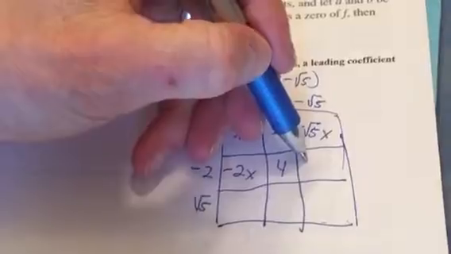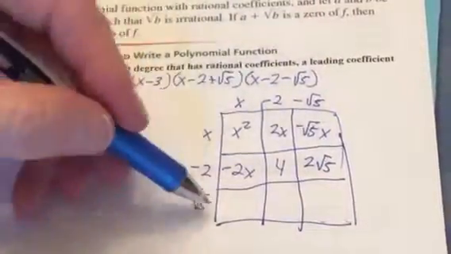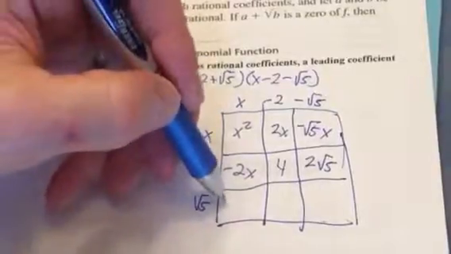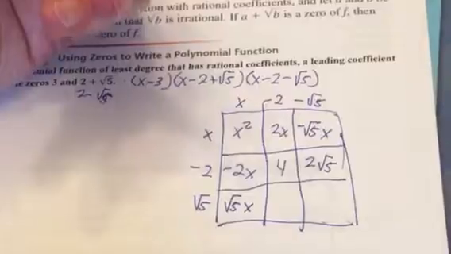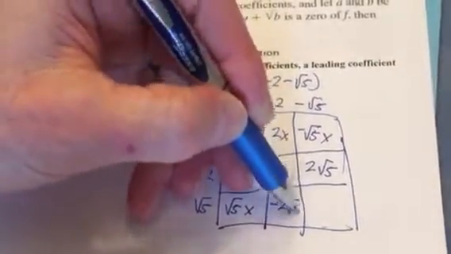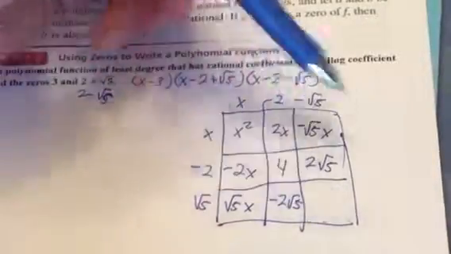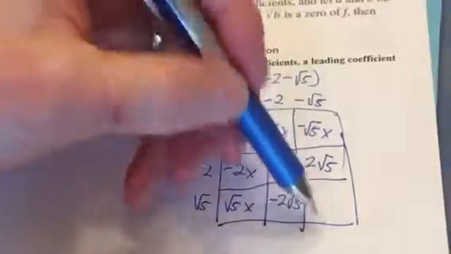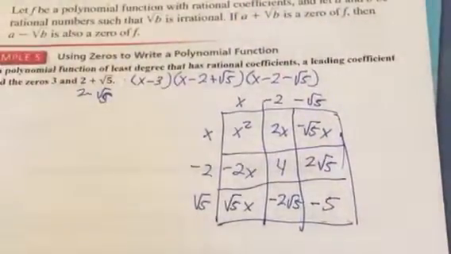So that's going to be positive 2 times root 5. Down here we have x times root 5, or root 5x. This is negative 2 times root 5. And this one is root 5 times negative root 5, which is negative 5.